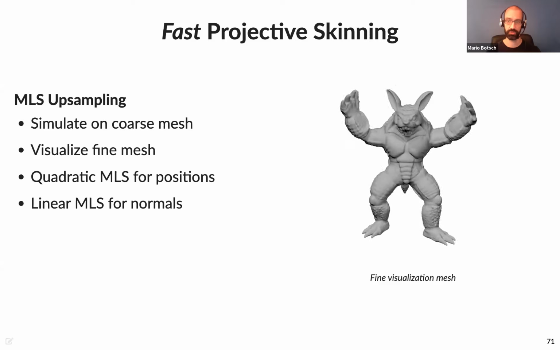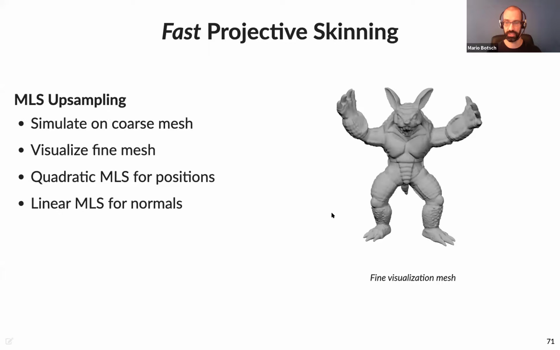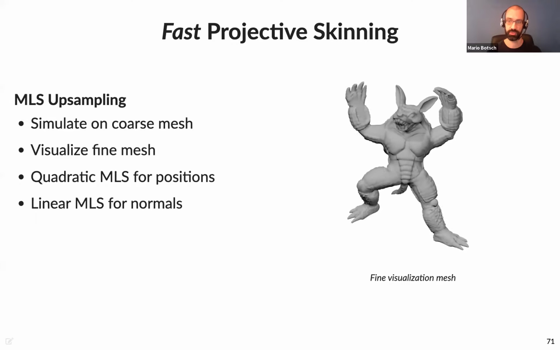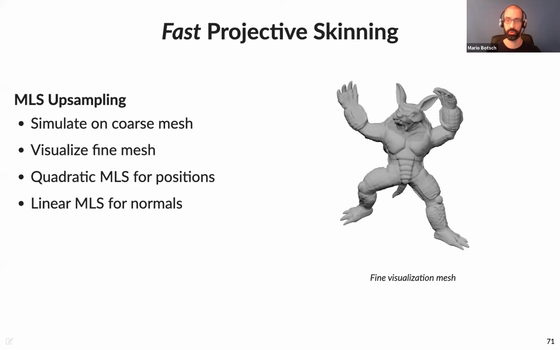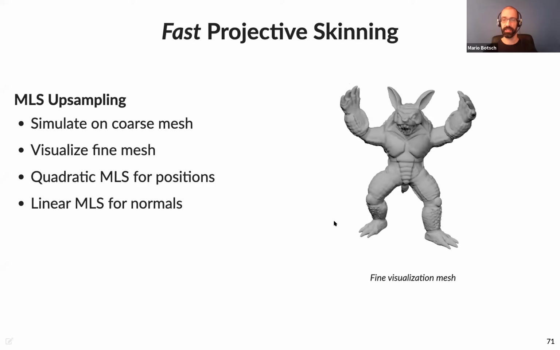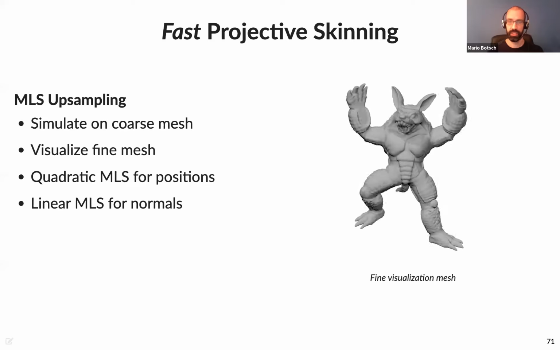This allows us to do local least squares interpolations, where the local fine resolution vertices are represented as linear combinations of the coarse vertices in a nice and smooth manner. So this is our skinning technique.